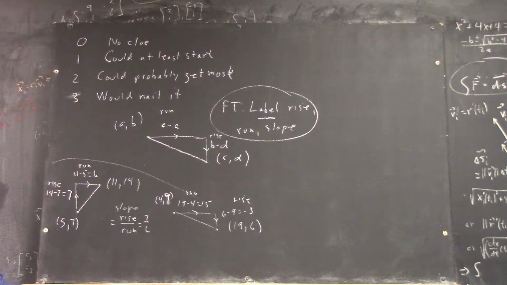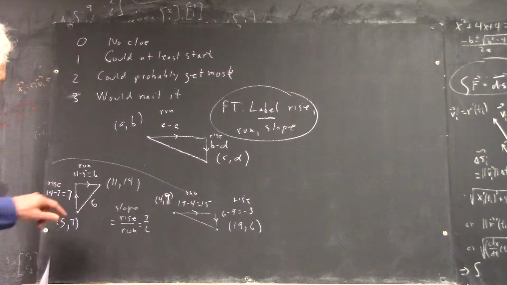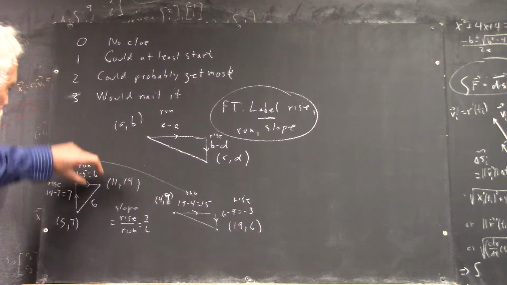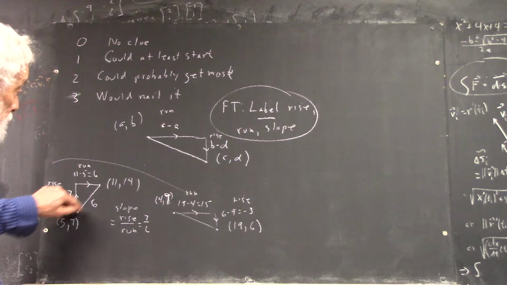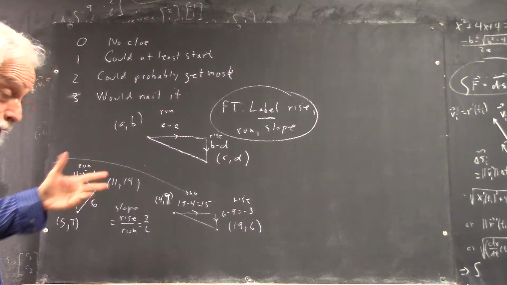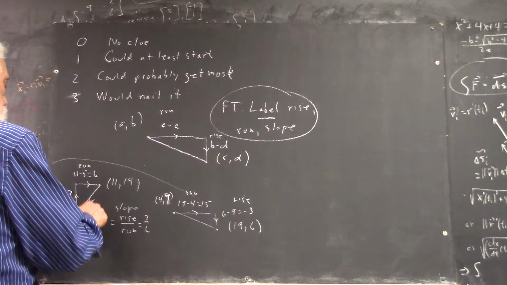Now, when I label that on the triangle, the convention is I put it next to the hypotenuse, but that makes it look like it's a distance, which is ridiculous because the hypotenuse has to be longer than either of the sides of a right triangle, right? Shortest distance between 2 points is a straight line. That distance has to be less than either of these. So I don't want to make it look like that.